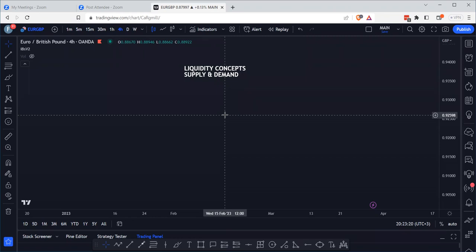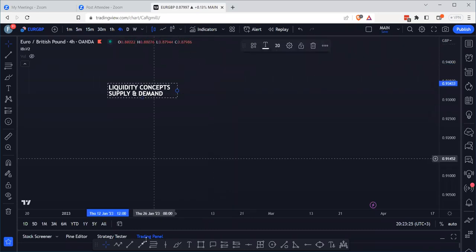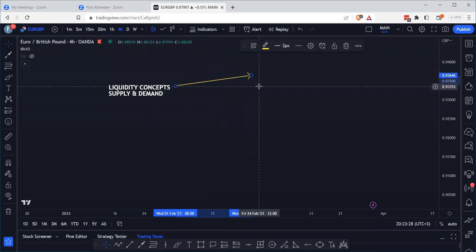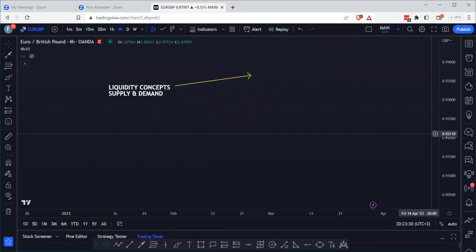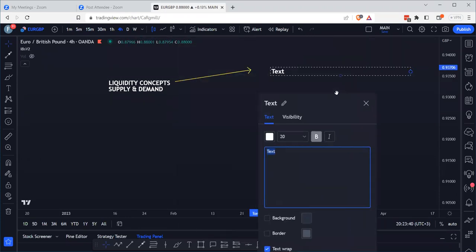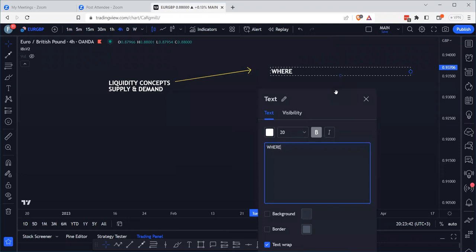All right. So let's start by talking about liquidity. This is the first thing we talk about today, and I'll just quickly brush through it. When we talk about liquidity, liquidity is simply where money is in the market.